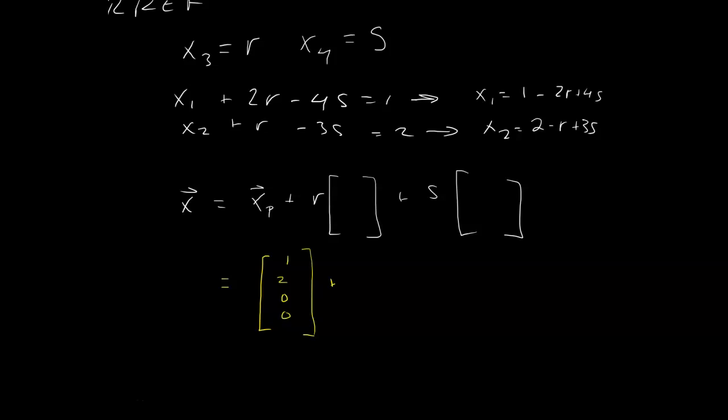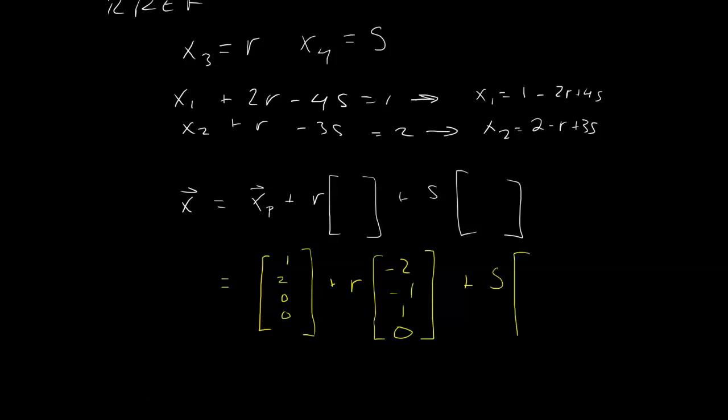Now to add to this, I'm going to do r, and think about which of my x's involve an r. Well, looking at this expression for x1, I subtract 2 r's from it. So I'm going to do minus 2. My x2, I subtract a single r, so I'm going to do minus 1. My x3 has just one r, that's the whole of it. And x4 has none of them, so there's a 0.